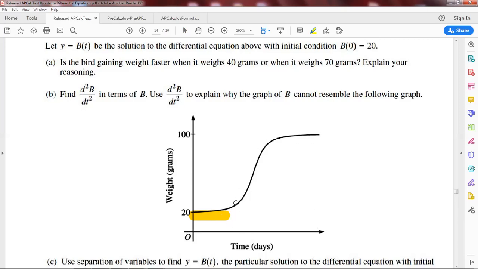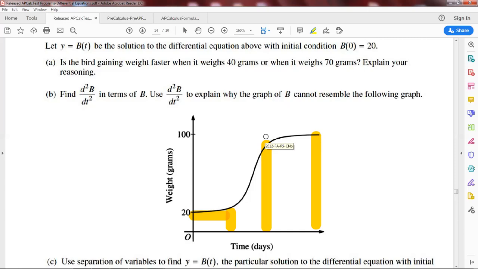So these are like 10 days, these are like 10 days, and these are like 10 days, correct? Let's suppose that. So this graph says that the bird in the first 10 days is not gaining any weight. In the second 10 days, you inflate the bird, you see? After that, the bird's weight is steady. It's practically nothing, right? No gains, correct? So you think this graph is reasonable?